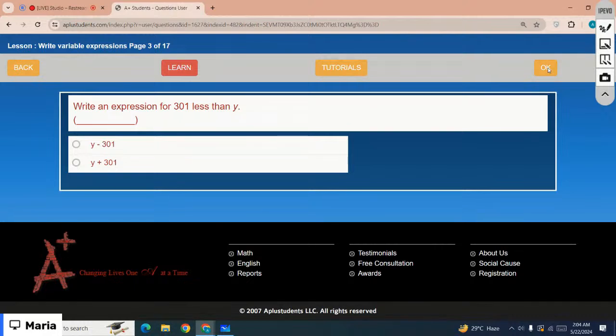Write an expression for 301 less than y. So which is the correct option?